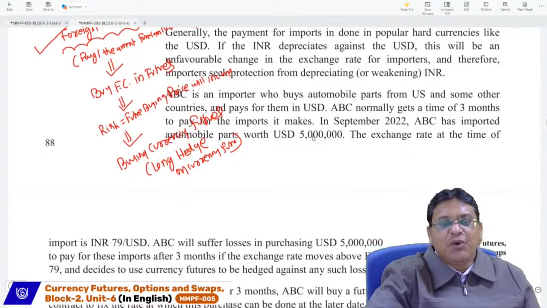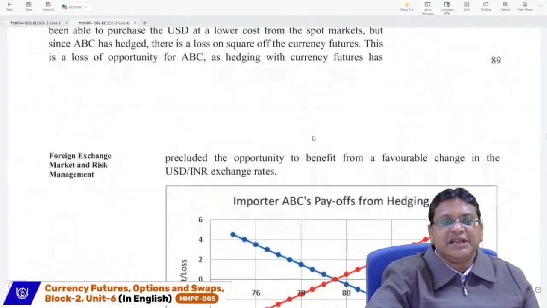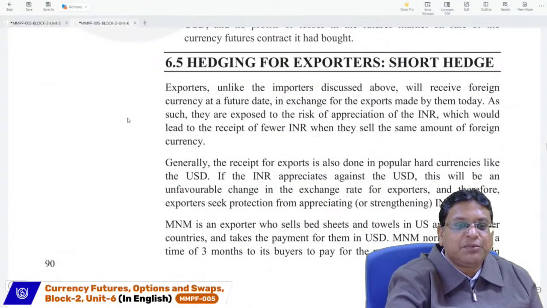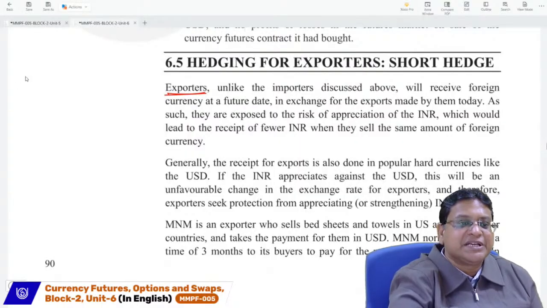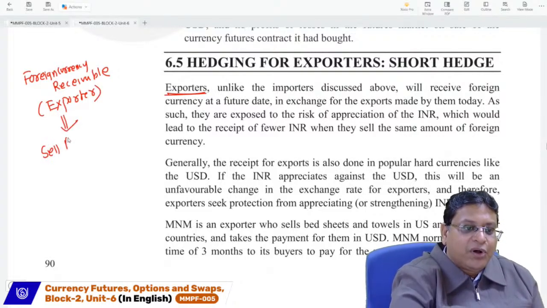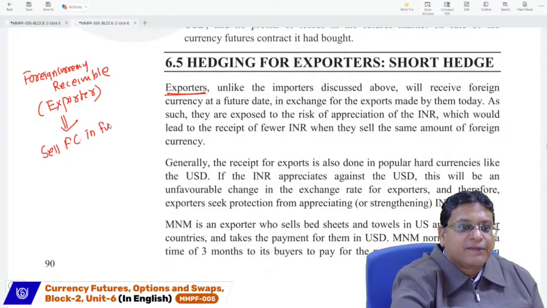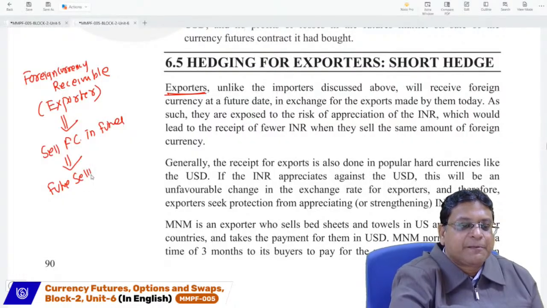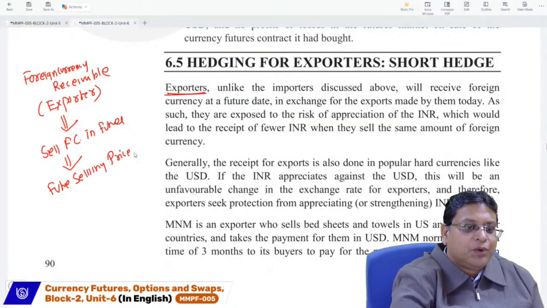Just the opposite, anyone who will have foreign currency receivable. What is foreign currency receivable? It means you have to receive foreign currency, like an exporter. Once you receive it, you will sell foreign currency in future. You think that the future selling price will be less.